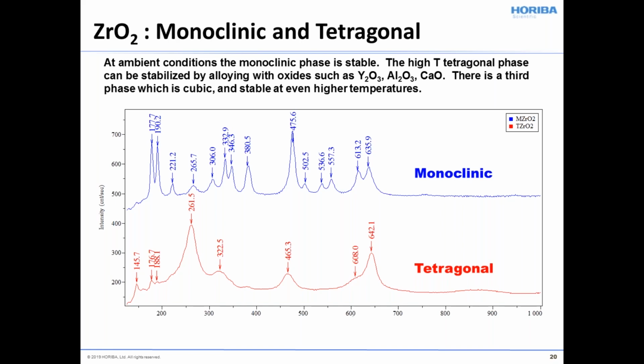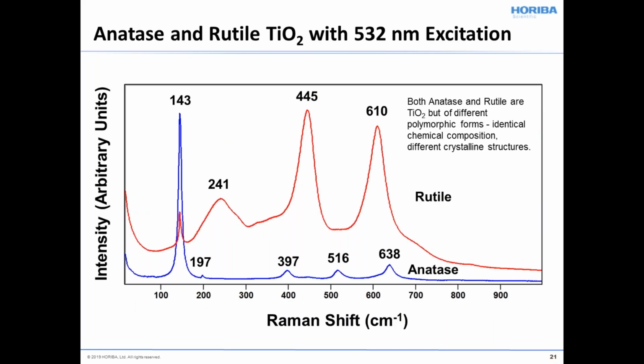So at any rate, here you see clear differences in the monoclinic and tetragonal forms of zirconium dioxide.